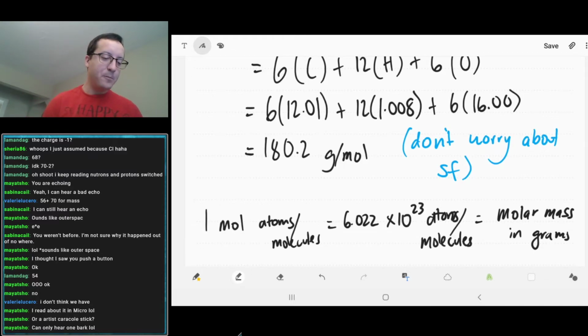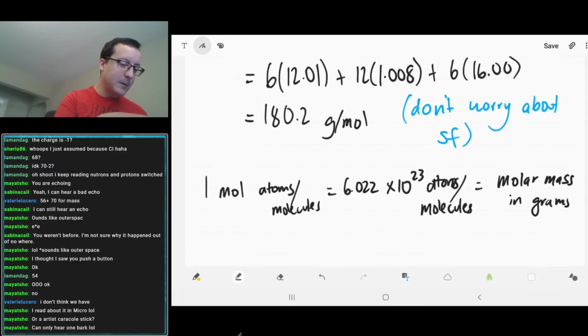So essentially what the takeaway from this is we're going to get a whole bunch of conversion factors out of this. We're going to see that 1 mole of atoms or molecules, whatever we're looking at, is going to be equal to Avogadro's number in atoms or molecules. That's also going to equal the molar mass of whatever we're looking at in grams. So we can use these as conversion factors.